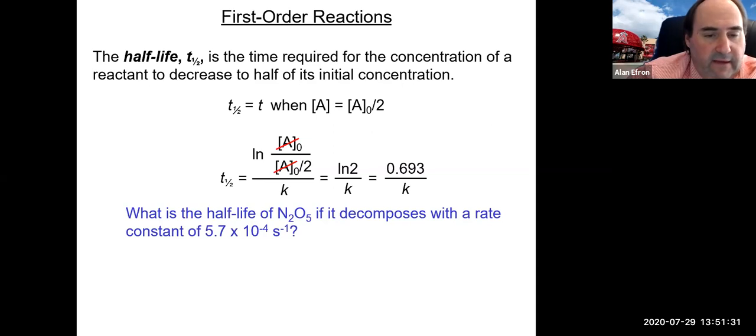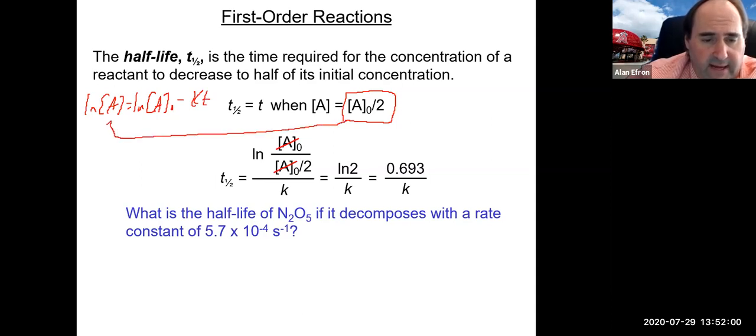So here's our half-life equation that we've seen and talked about a number of times at this point. And by the way, if you can't remember the half-life equation, but you can remember the integrated rate law, you could just substitute the final into that. So basically, if you took the natural log of A equals natural log of A naught minus kT, and you're good with math, you could substitute into there.